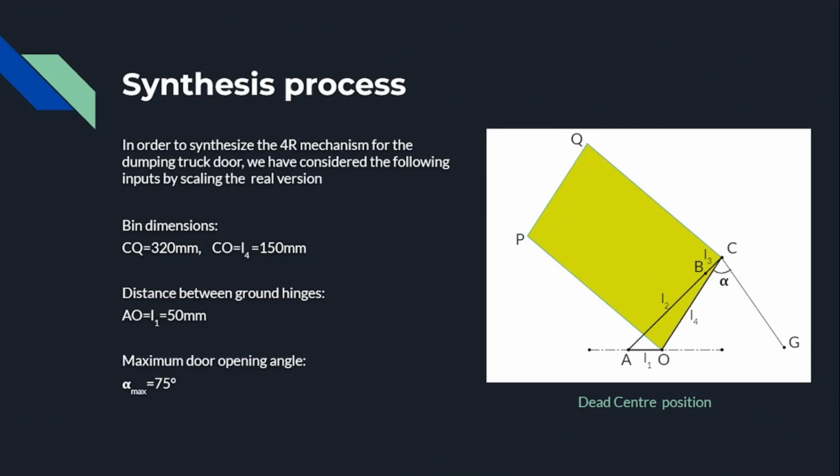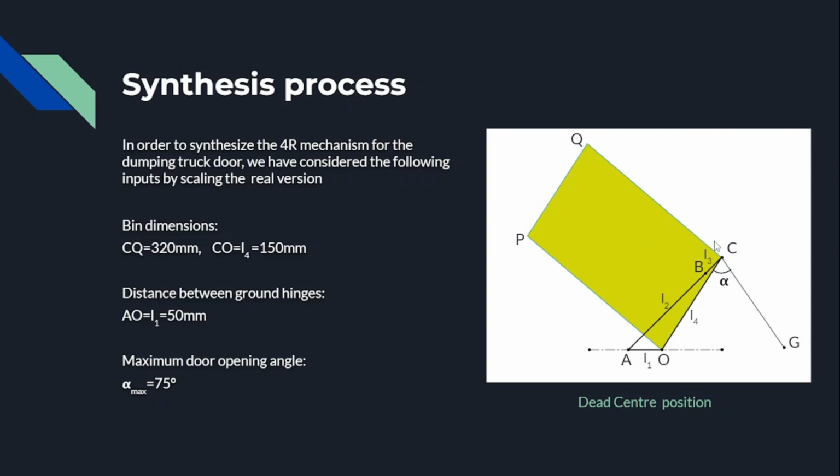In order to synthesize this 4R mechanism, we have had to assume a few values. Those are the dimensions of the bin, the distance between the ground hinges A and O, and the maximum door opening angle. For this, we had to refer to a few real life models, and we have scaled down the values according to our convenience.